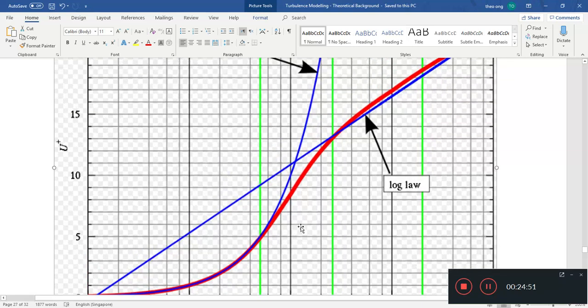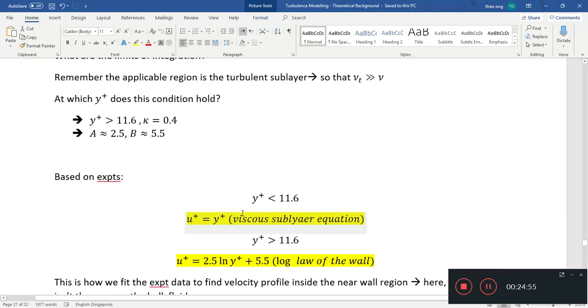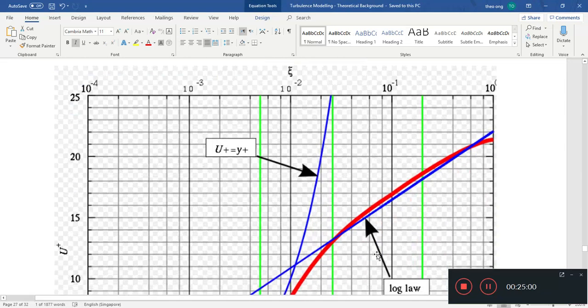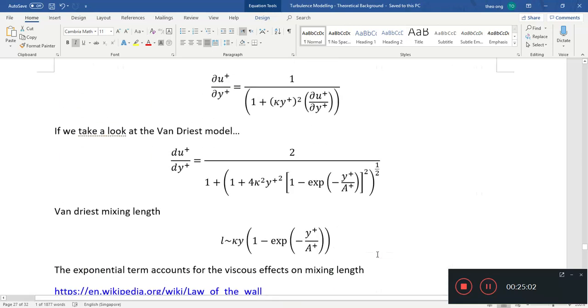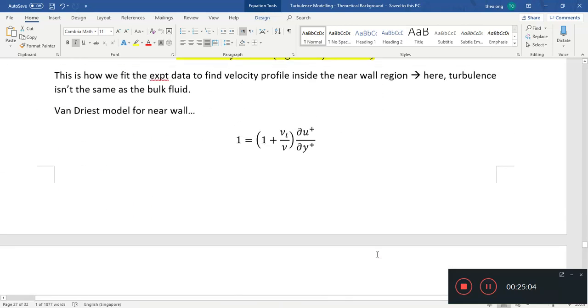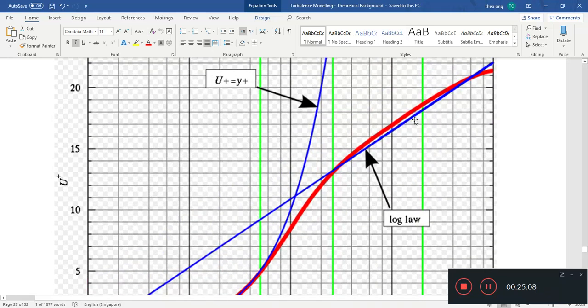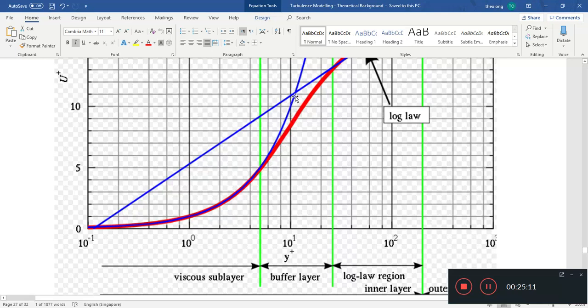Remember we were discussing y plus equals 11.6 as a sharp transition to approximate what's really going on. I didn't explain the approximation before, but you can see the intersection between the log law and u plus equals y plus happens at about 11.6 on this graph.